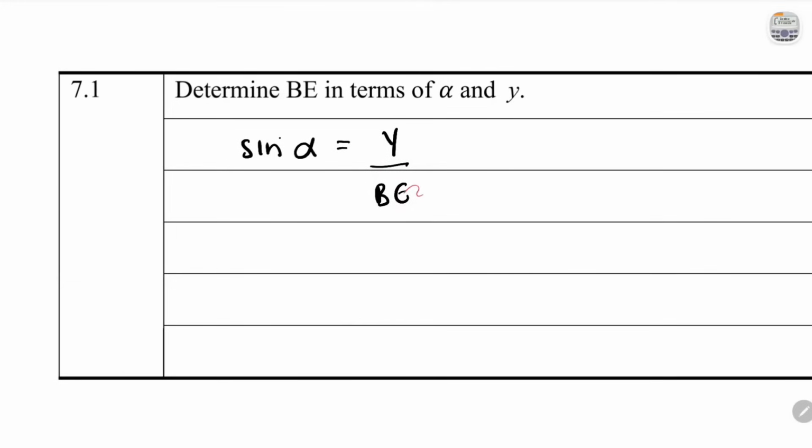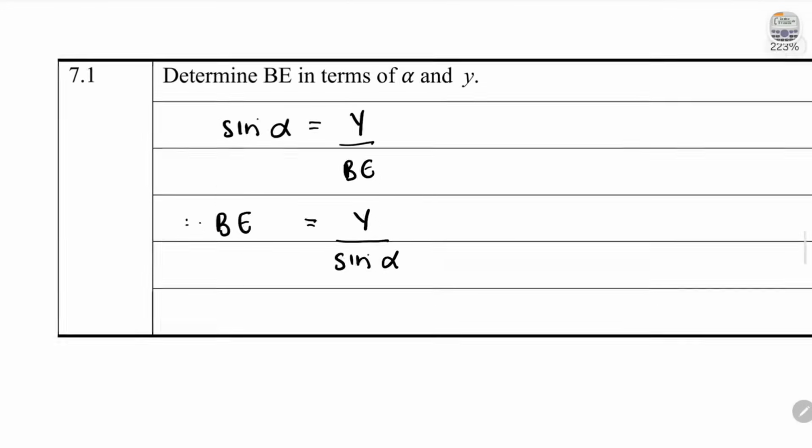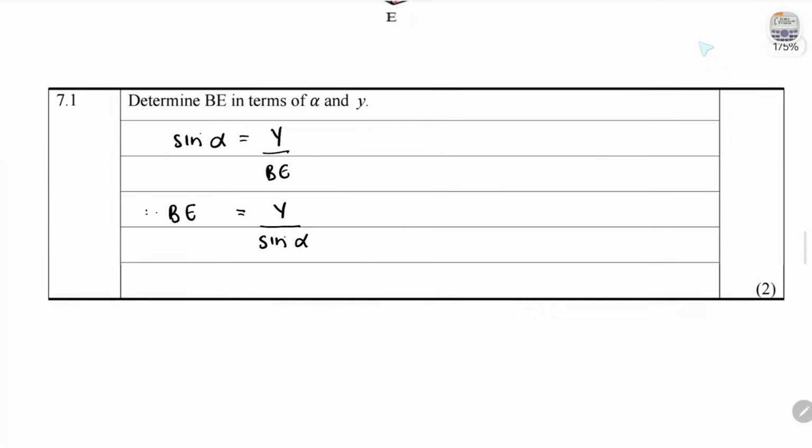Since BE is in the denominator, when you transpose it, it will go to the numerator. And sine alpha was originally in the numerator because it has a natural denominator of 1, so when you transpose it, it goes to the denominator. So BE is y in the numerator over sine alpha in the denominator, and that is our answer.